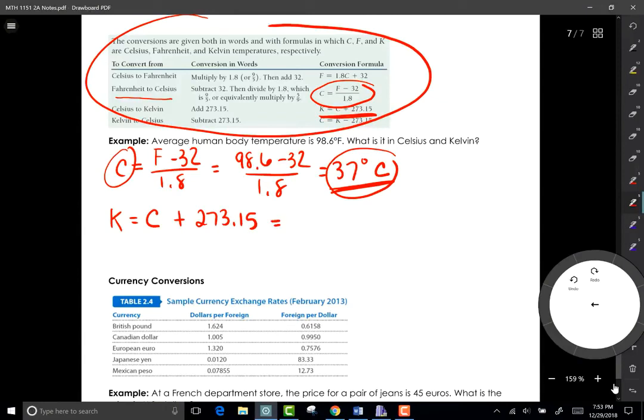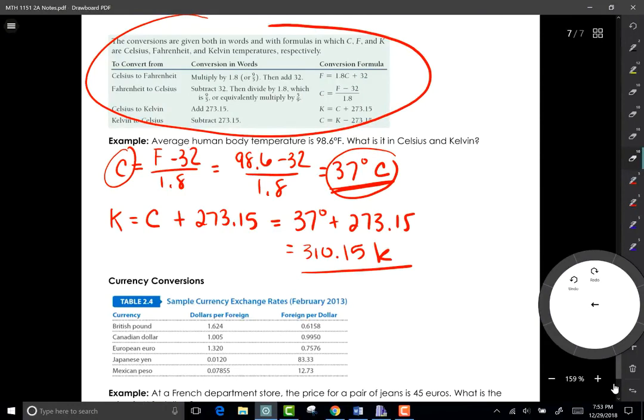So I'm going to take 37 degrees Celsius and add it to 273.15, and when I put that in on my calculator, I'm going to get 310.15 Kelvin. So you want to use these formulas here to change back and forth between the different temperature systems.